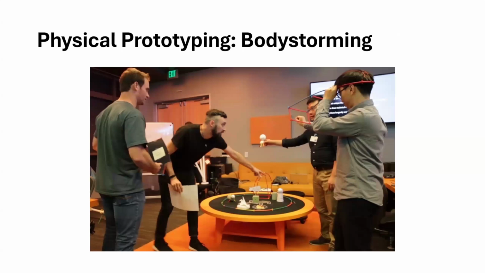So in physical prototyping, there's a method called bodystorming where we can use physical props and manipulate them. In this example shown here, the person doing it is wearing a thing that's pretending to be a headset.